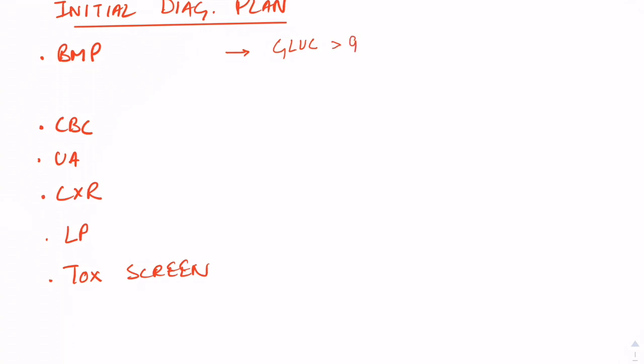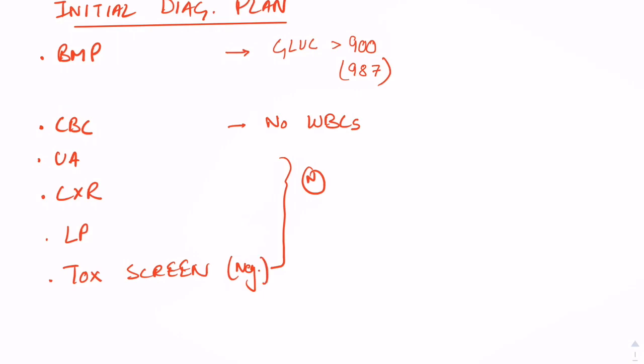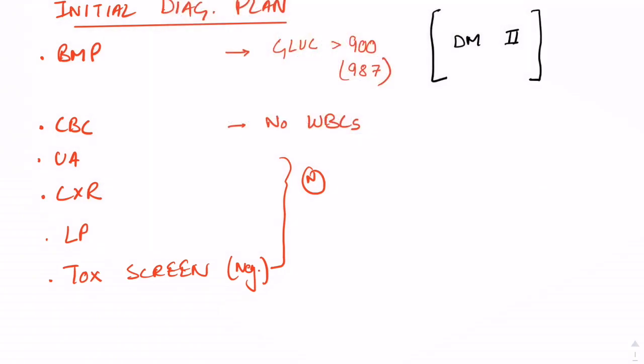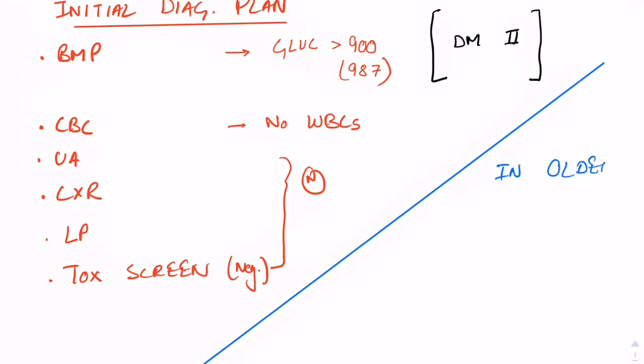BMP. So for this patient, it gives us a glucose level of more than 900. Now such a high glucose level is common in hyperosmolar non-ketotic coma, especially which is associated with type 2 diabetes mellitus, and the rest of his blood work was normal.